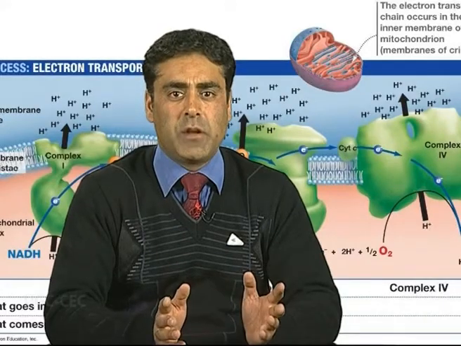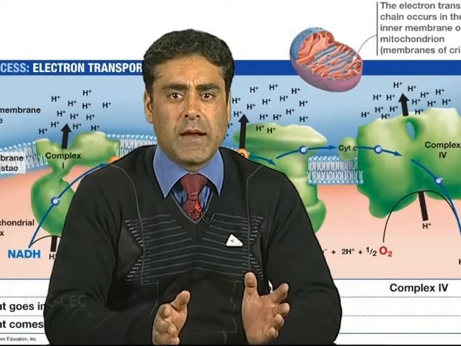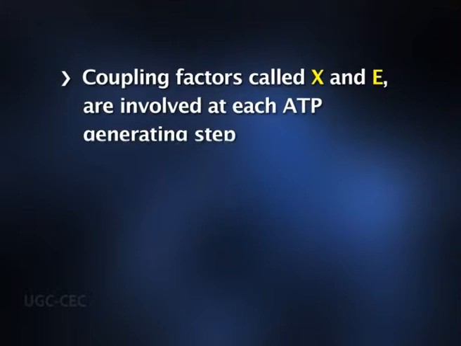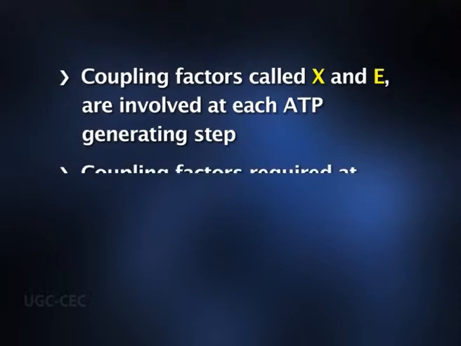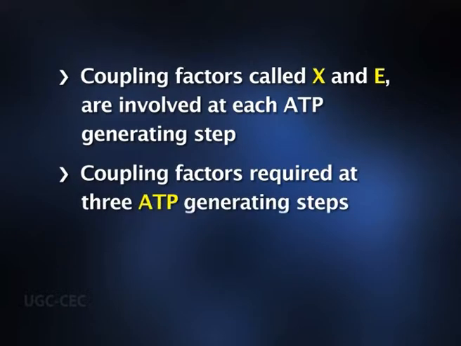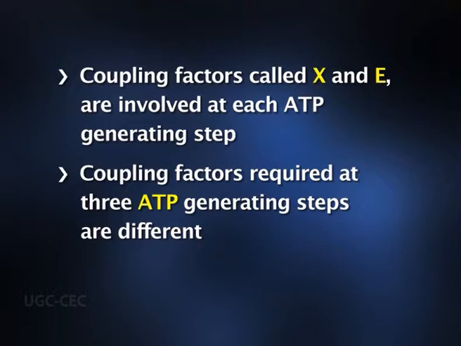For the explanation of the hypothesis, it is proposed that two hypothetical coupling factors called X and E are involved at each ATP generating step. It is further proposed that coupling factors required at the 3 ATP generating steps are different.